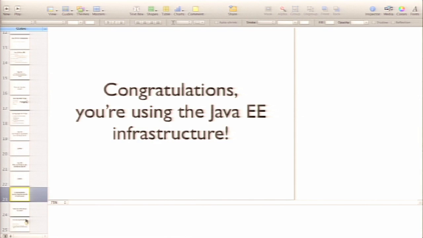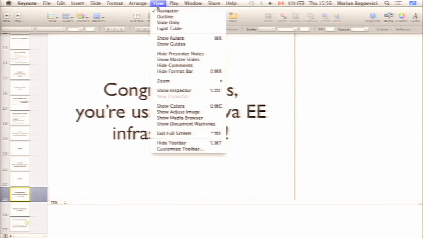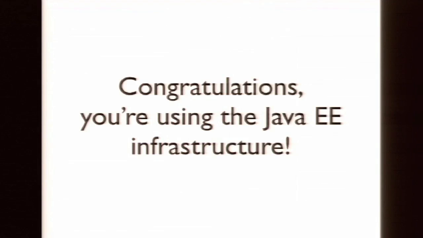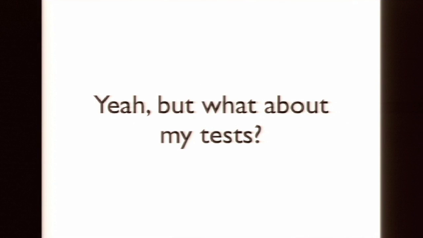Okay. Fine. We are using the Java infrastructure now. That's very cool. What happens to the tests? The biggest problem when you're actually starting to rely on server-provided services is that you typically don't have them in a unit test.